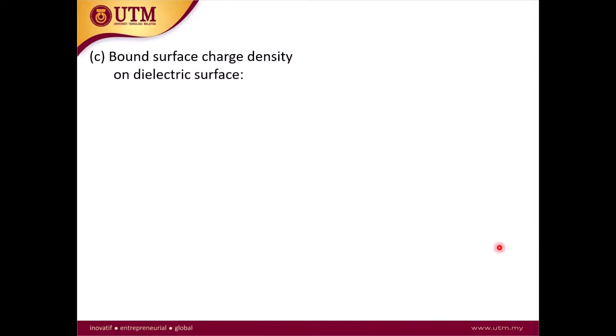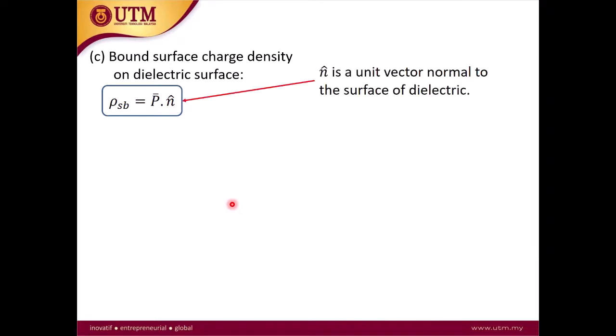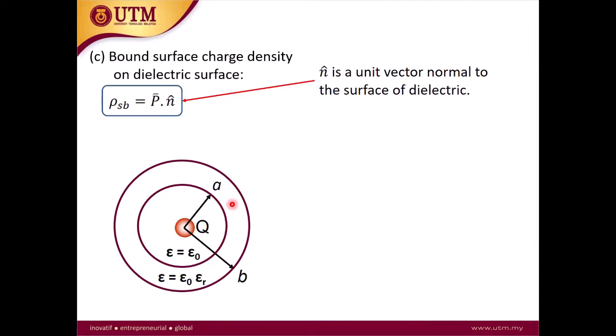Next, we go to the bound surface charge density on the dielectric surface. To find the bound surface charge density, or rho SB, we have to take the dot product of our polarization vector with the vector normal to the surface of interest. Let's see our structure. We have the dielectric between A and B. Therefore, we have rho SB at R equal to A and rho SB at R equal to B. Then we have to observe the direction of the vector normal to that surface.